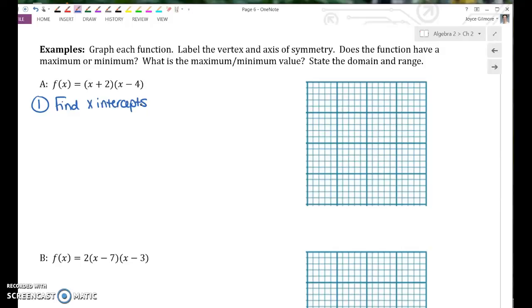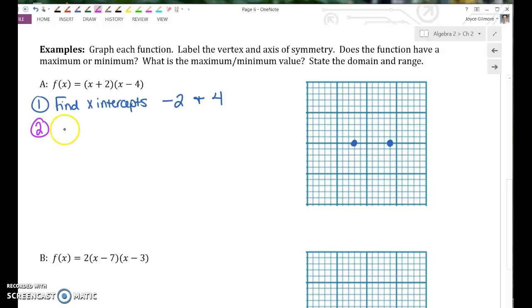So if it says plus 2, what is our x-intercept? Negative 2. And if it says minus 4, what is the intercept? Positive 4. So your intercepts on your x-axis are at negative 2 and positive 4. So put those 2 points on your x-axis.